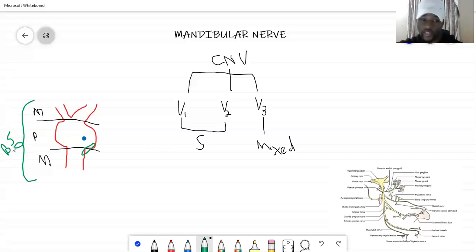I just want to remind you of something. So this is your spinal trigeminal sensory nucleus. We'll come back to it. Remember, that's your spinal sensory nuclei, right?